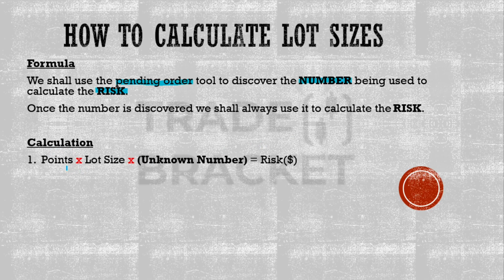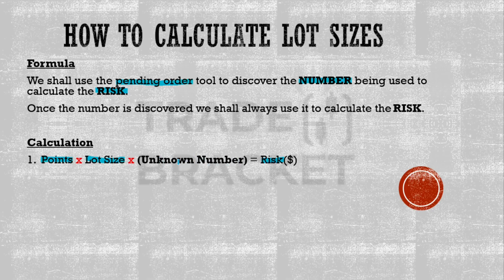When we use the pending order tool, it will display the points. It will also display the lot size and the risk, and the risk will be in dollars, like I'll show you later on the chart. The only thing we need to discover is the unknown number.